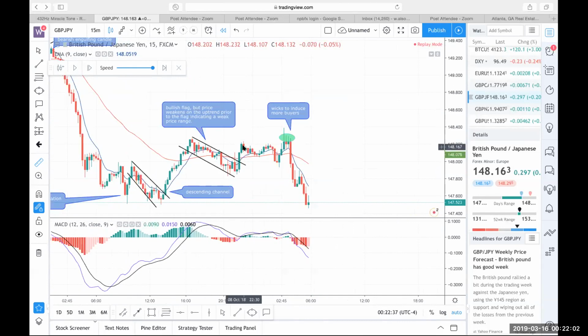As a matter of fact, the next candle I got right after it was almost equivalent to it. So price slowed down. And then what happened? Four wicks to the top, wicks to induce more buyers. So this is wicks to induce people who trade with emotions.